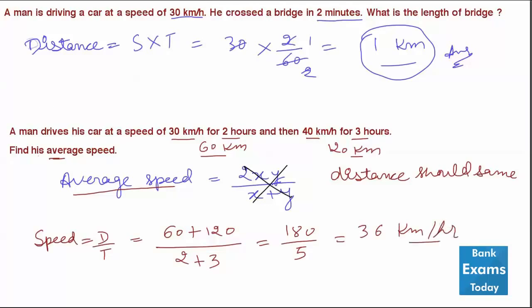So what we learn here is we can't apply the average speed formula when the distance is different. So apply the average speed formula only when the distance is same.